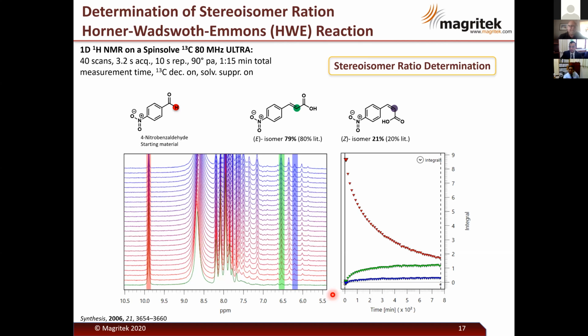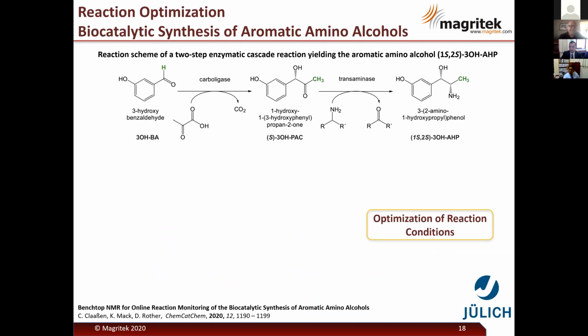All right, so the next example of using benchtop NMR to optimize reaction conditions comes from one of our customers, the group in Jülich, Germany. They developed a biocatalytic approach to synthesize aromatic amino alcohols stereoselectively in a cascade reaction with two consecutive steps.